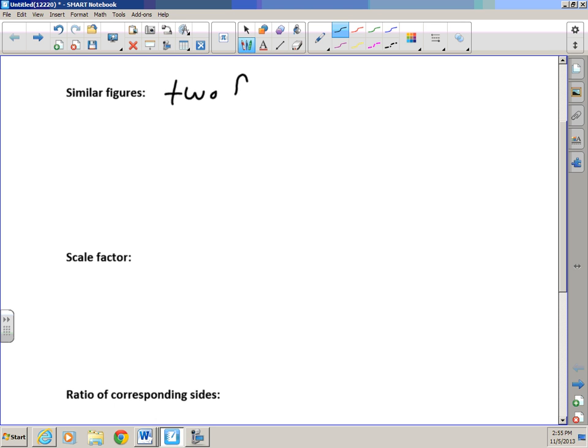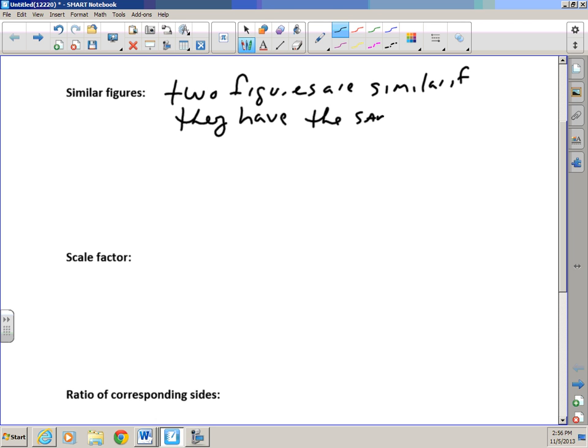Two figures are similar if they have the same shape, but not the same size.